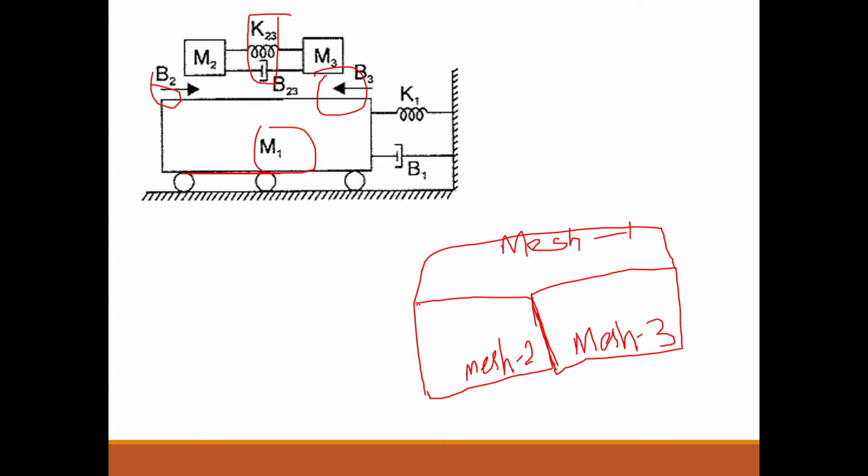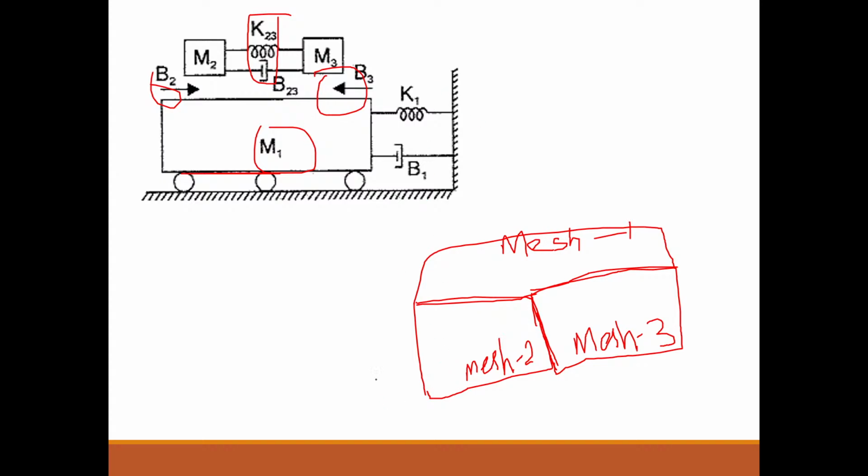Mesh 1 and mesh 2 have a common branch, and mesh 1 and mesh 3 also have a common branch. According to this mechanical system, this circuit is satisfactory. There should be a common branch between M2 and M3, between M2 and M1, and between M3 and M1.